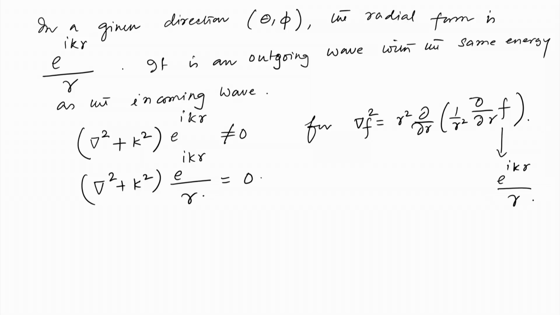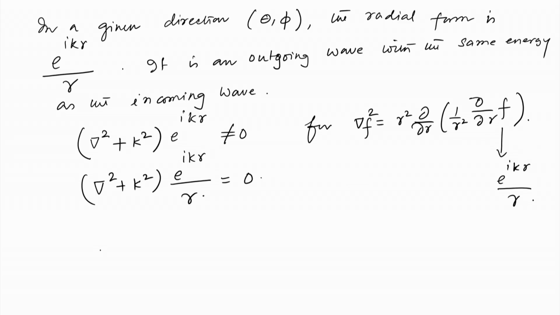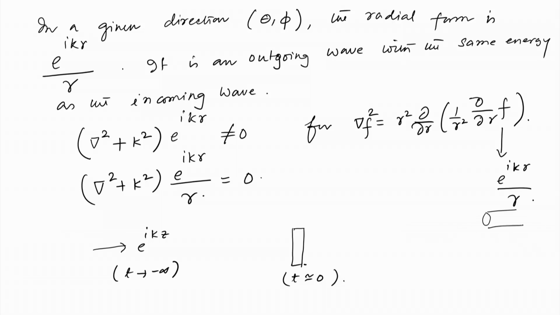Now, just to summarize what happened so far: an incident particle comes as exponential i k z, far away from the detector, far away from the target. So, this happens at t going to minus infinity. The scattering happens at say t equal to 0, and then the detector detects this wave.